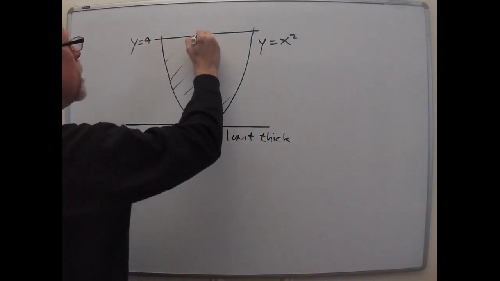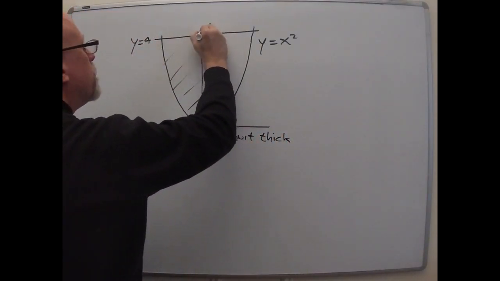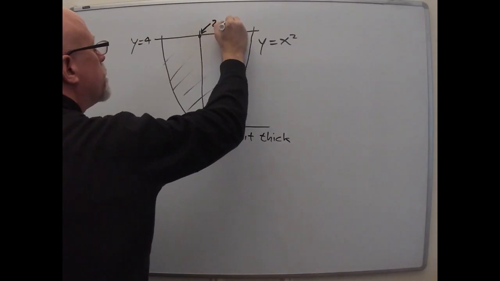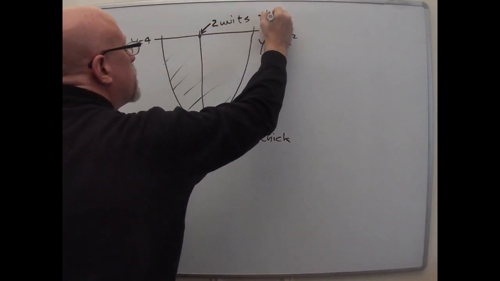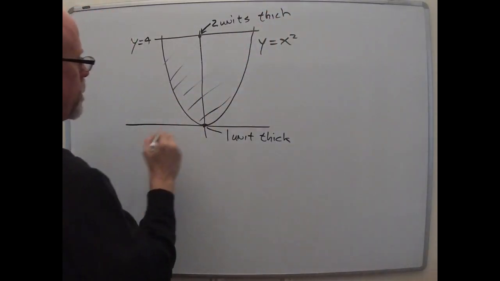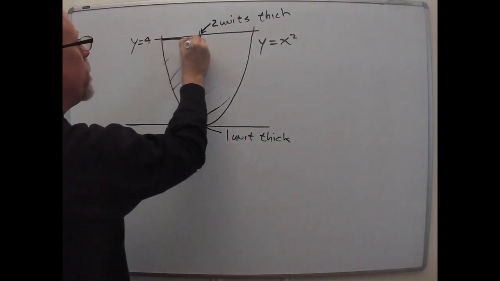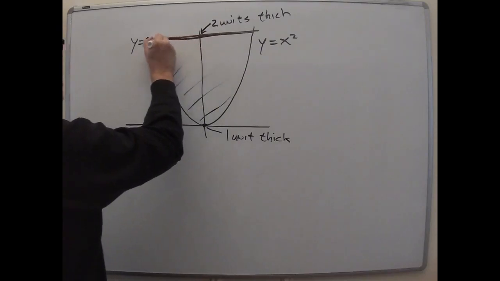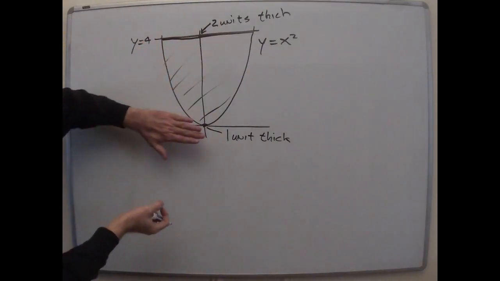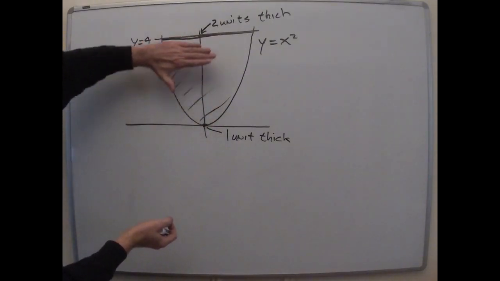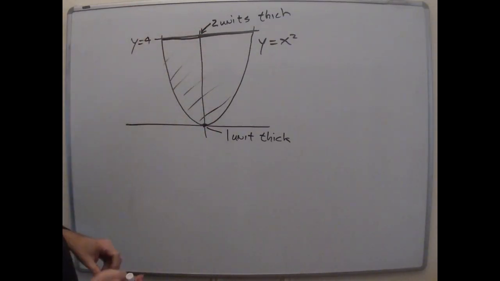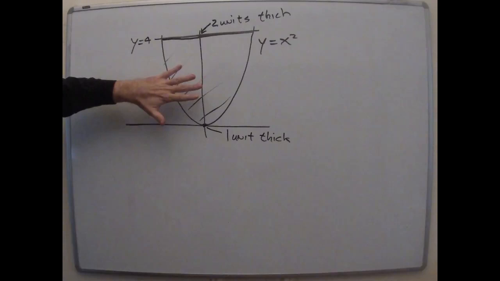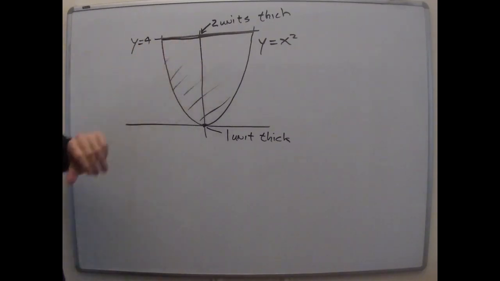But up here, it's going to be 2 units thick, across the whole part of that. So we're making it out of material that's 1 thick here and 2 thick there. It gets wider as we go up.